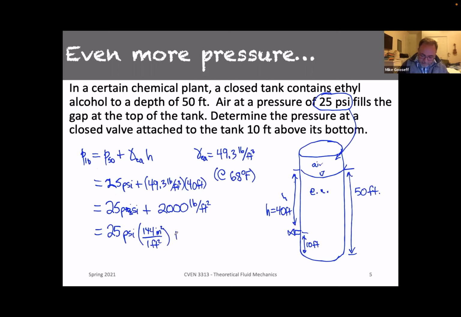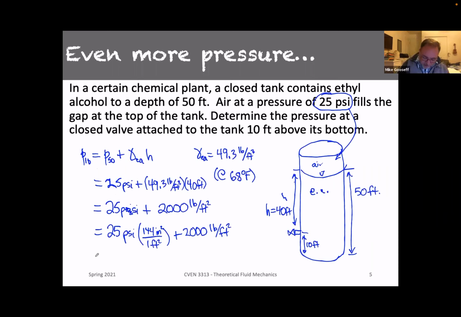And then we're going to add our 2,000. Now, I could have gone the other direction as well. I just decided to work in pounds per square foot instead. The question does not specify which units to use.